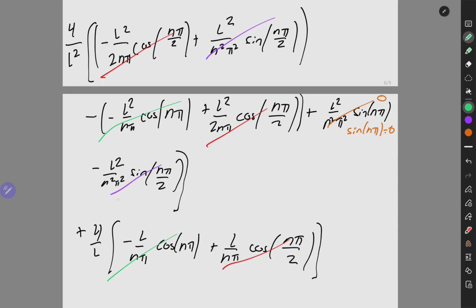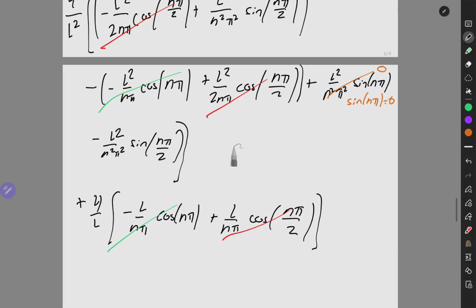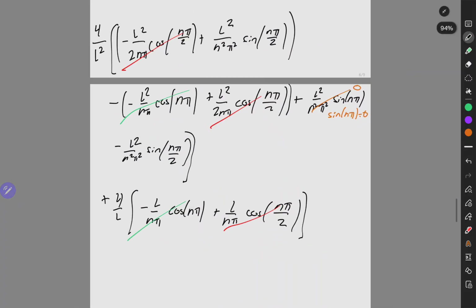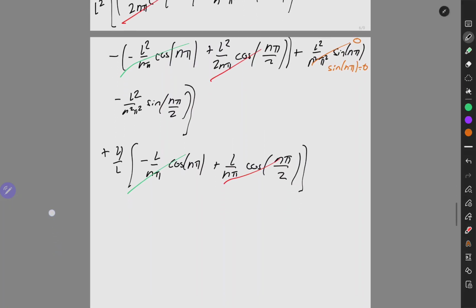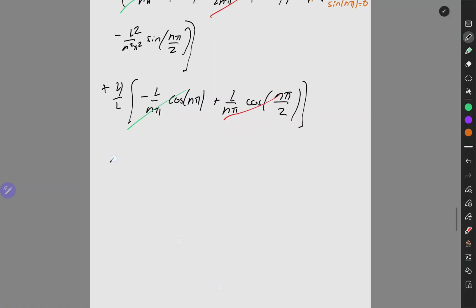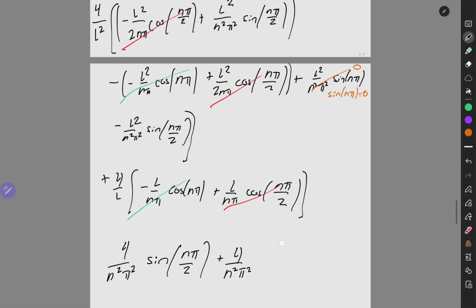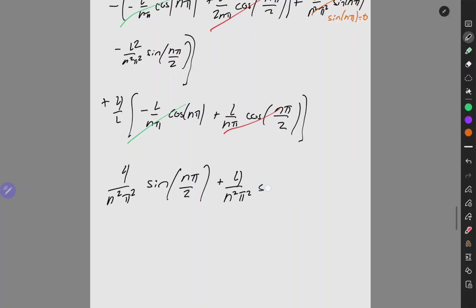Oh wait, these don't cancel. So we're left with 4 over n squared pi squared times sine n pi over 2 plus 4 over n squared pi squared sine n pi over 2.